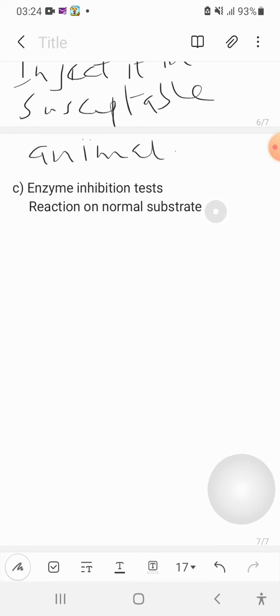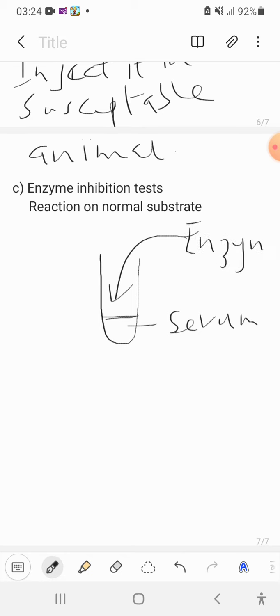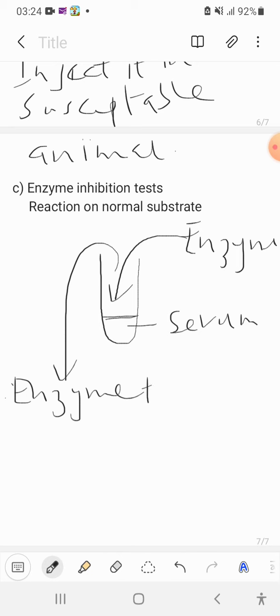So what happens, like in the first cases, you just have a tube, have your serum, add the antigen, the enzyme, incubate, withdraw the mixture, enzyme plus serum.